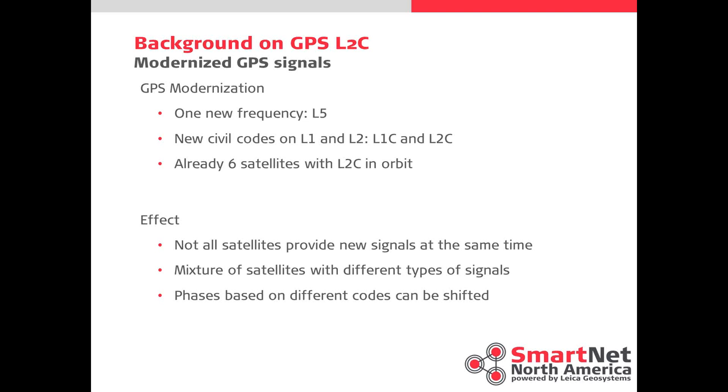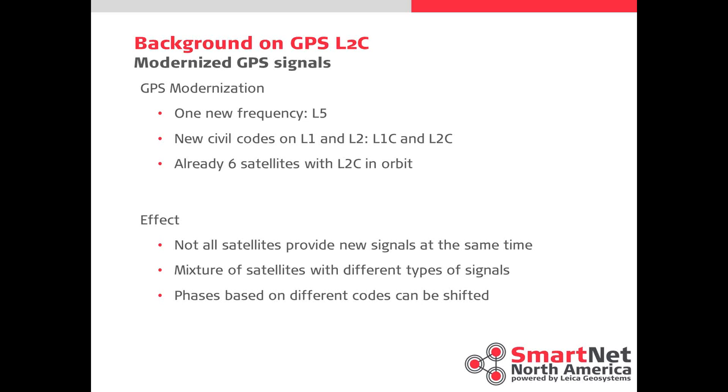The problems with this are the differences in constellations. We'll have L5 satellites broadcasting in L5. We have 8 satellites broadcasting in L2C. The effect is that not all satellites provide the new signals at the same time. The mixture of satellites has different types, and we can have phase-based shifts based on different codes depending on the different manufacturers.